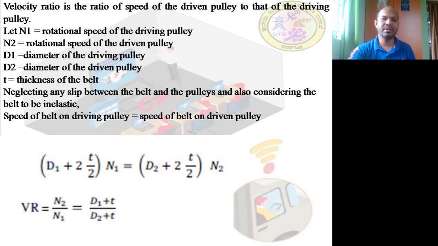T is nothing but the thickness actually. Now velocity ratio is one of the important factors which has to be discussed. It's only because the amount of rotation or the energy that transmits is more important in the belt drives, isn't it?